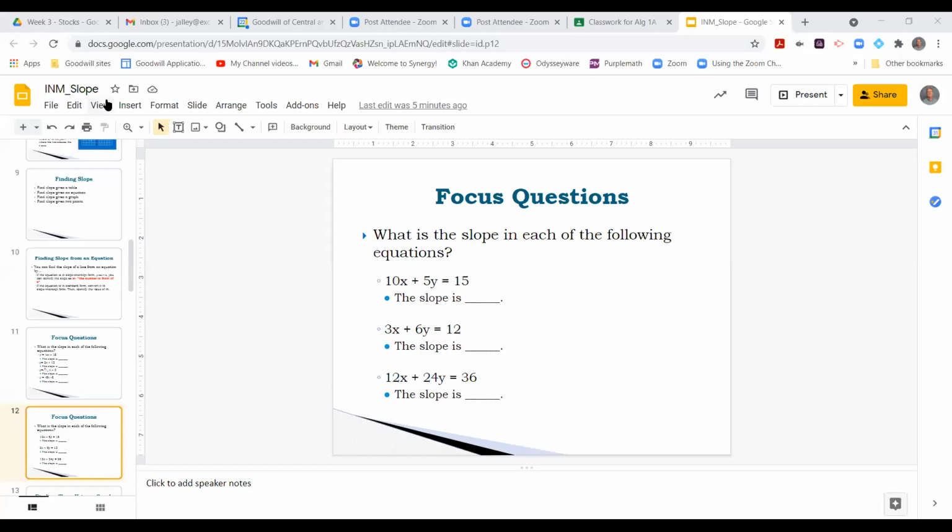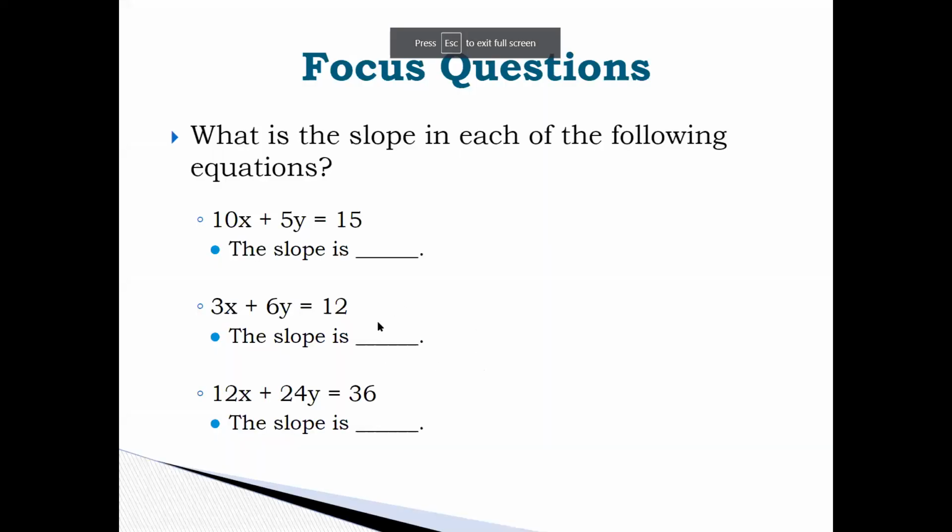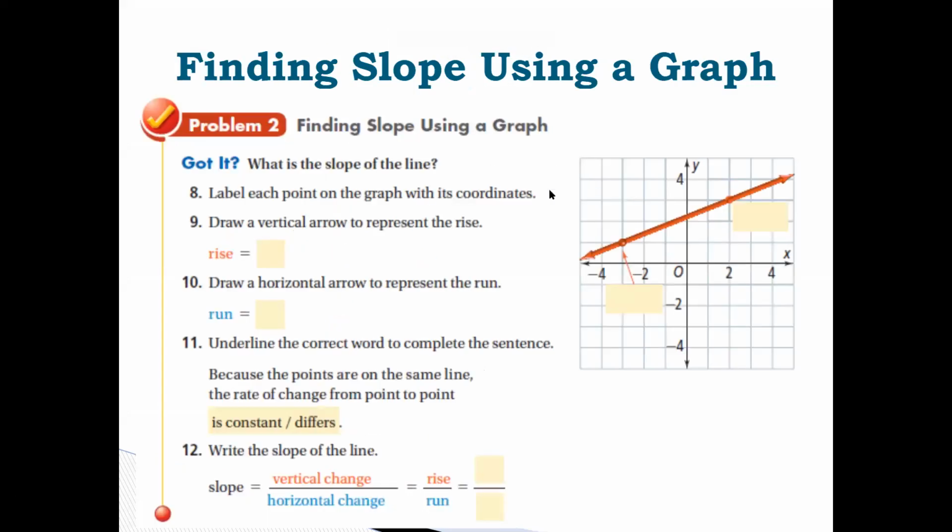And so all of those standard form equations on that screen, I would have to do the same way. Move the x term, divide by the coefficient of y, simplify where necessary. And we will start there Tuesday, finding slope from a graph.